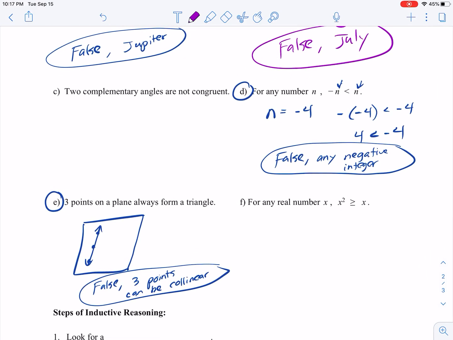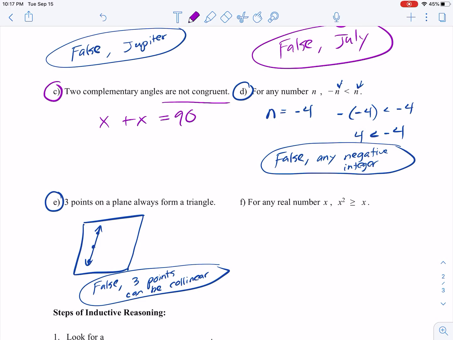Go ahead and try C. 2 complementary angles are not congruent. We need an example of when 2 complementary angles are congruent. Okay, hopefully you remember that complementary angles are 2 angles that add up to 90 degrees. So what 2 angles have the same measure that add up to 90 to show that this is not true?